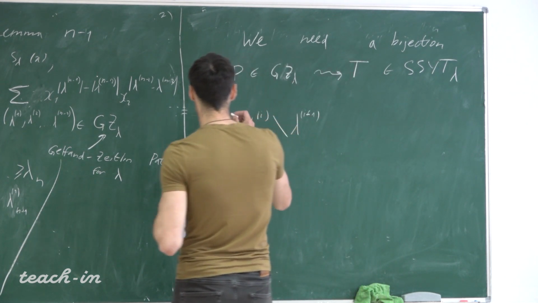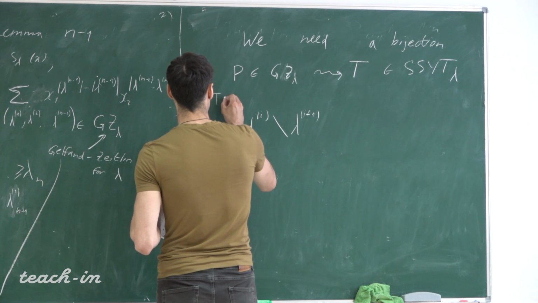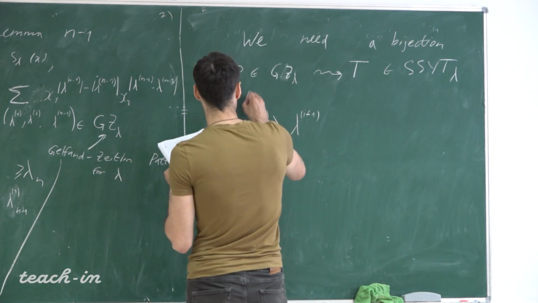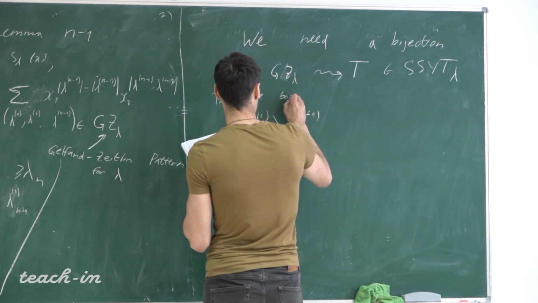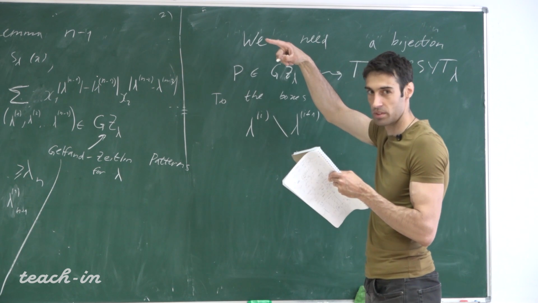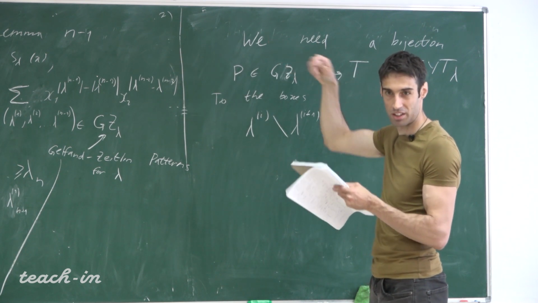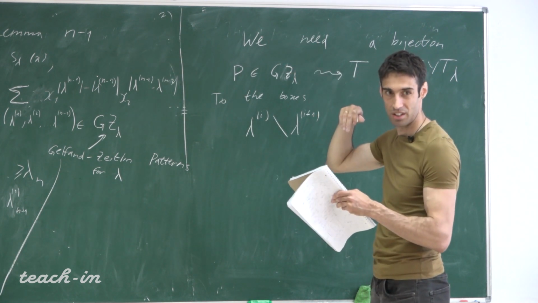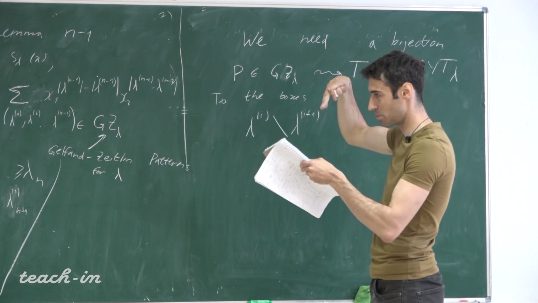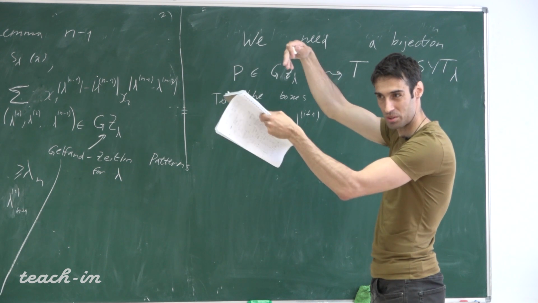So the rule is the following. All these are boxes of the initial lambda, right? Because they all fit in lambda. So there's lambda 1 inside lambda and then lambda 2 inside, and so on.